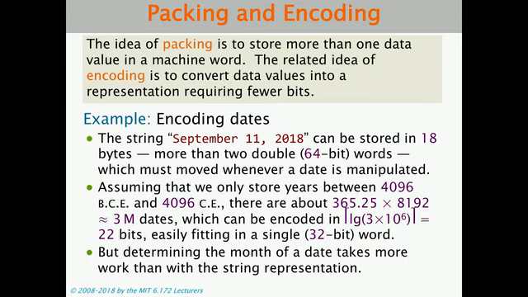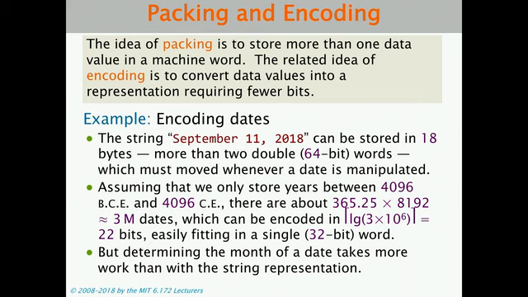But it turns out that you can actually do better than using 18 bytes. So let's assume that we only want to store years between 4096 BCE and 4096 CE. So there are about 365.25 times 8,192 dates in this range, which is approximately 3 million.